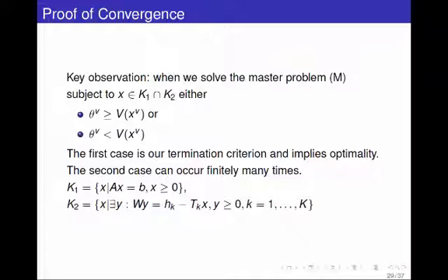Well, that wv I'm going to show you is actually v of xv. So I'm going to show you those two things, that this implies optimality and that v of xv is equal to wv. And I'm also going to show you that this case over here can only happen a finite number of times. So this has to eventually stop. When we're going back to the master, it's going to happen once, twice, 3 times, but eventually it will. It can't go on forever. Okay, these are the things I want to argue.